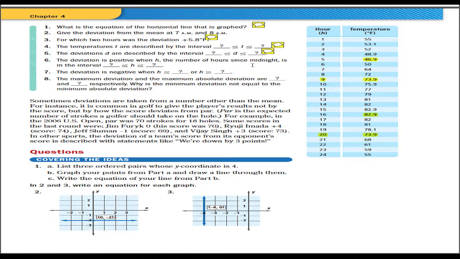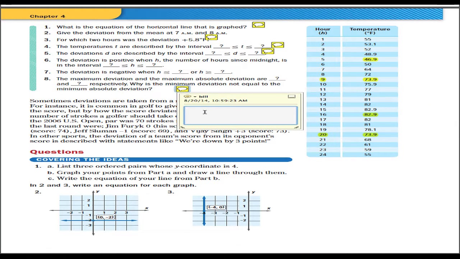Number 8. The maximum deviation and the maximum absolute deviation are blank and blank respectively. Why is the minimum deviation not equal to the minimum absolute deviation? So the maximum deviation is the positive value, right? So that maximum deviation is going to be our 14.8.